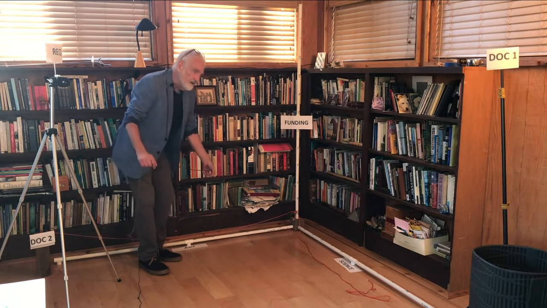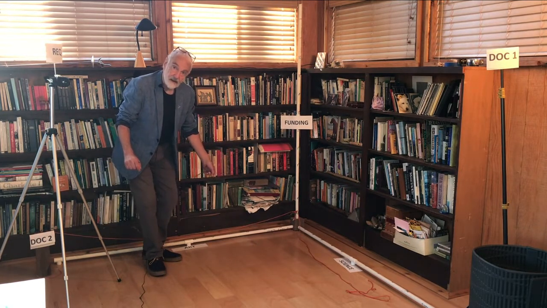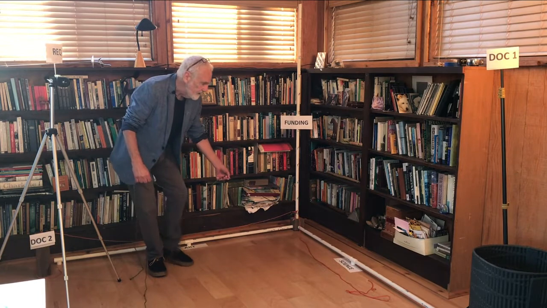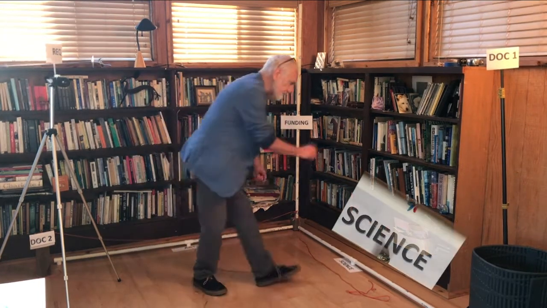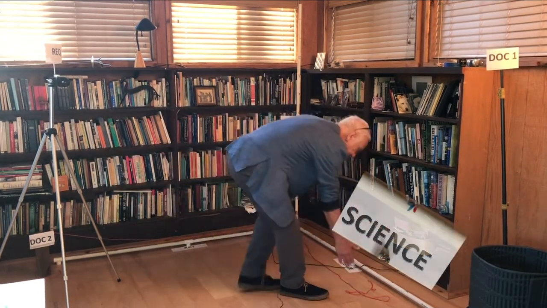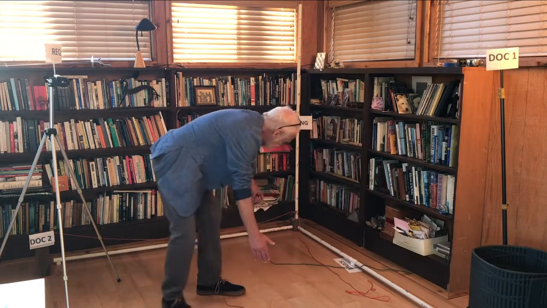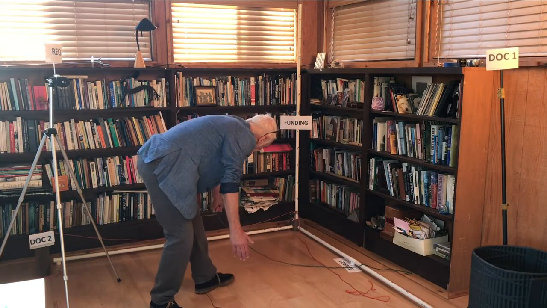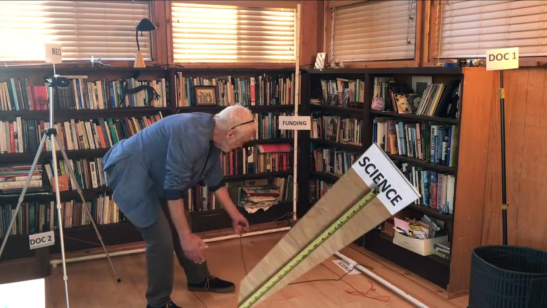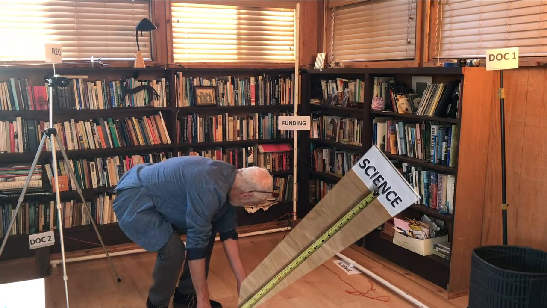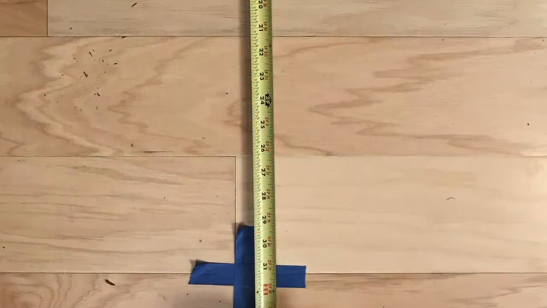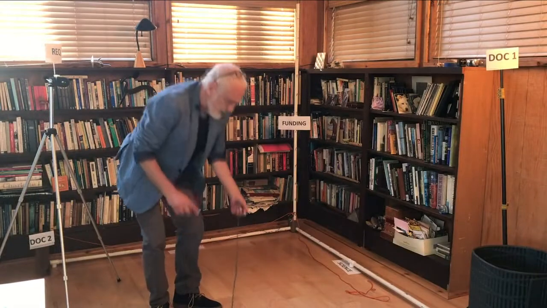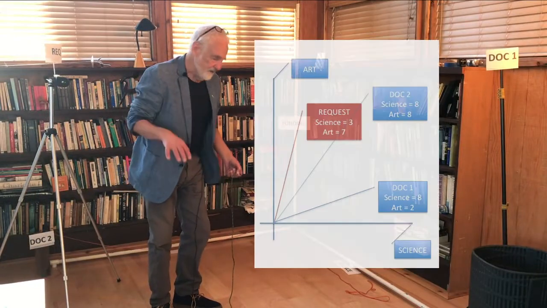Then science is rated at 9, very high. Science is right here. If we come out on a line for science, we're over at 6, but we have to come up. We're going to be just about here. And this would look like what we had on our two-dimensional graph.